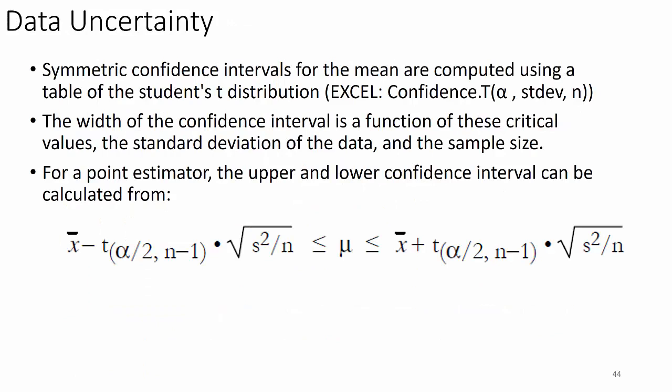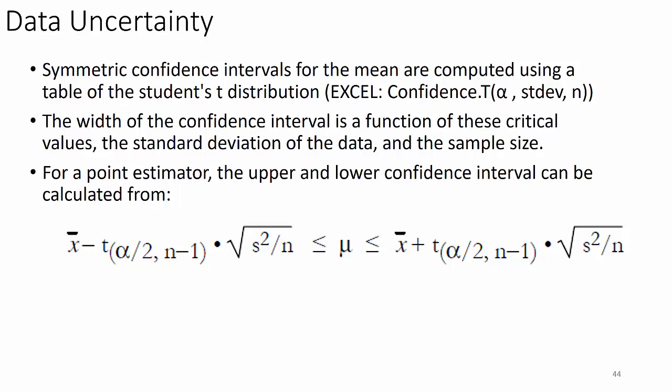Symmetrical confidence intervals to the mean are computed using a table of Student's t distributions. You can find that in Excel with CONFIDENCE.T with an alpha, a standard deviation, and a number. That'll give you the t value. The width of the confidence interval is a function of these critical values, the standard deviation of the data, and the sample size.